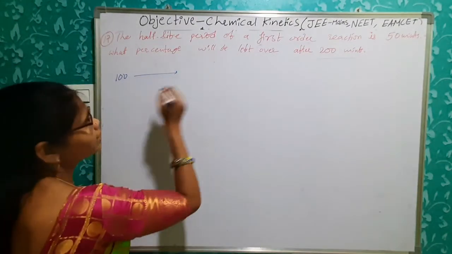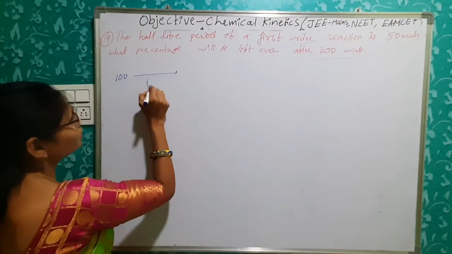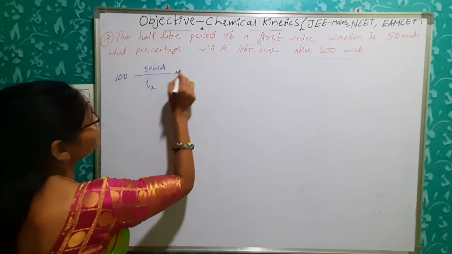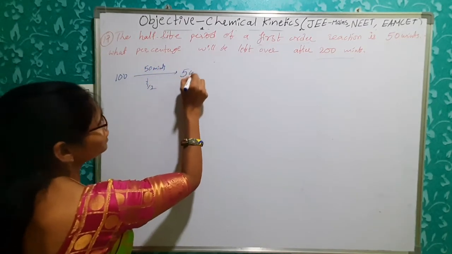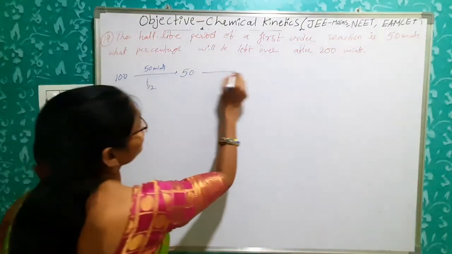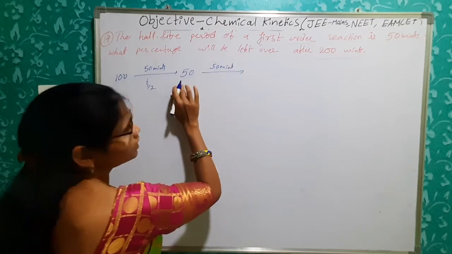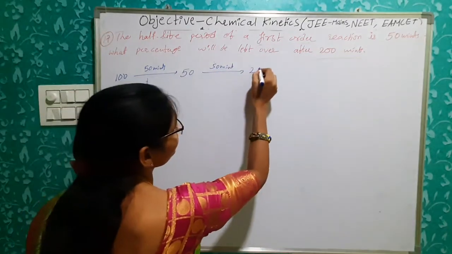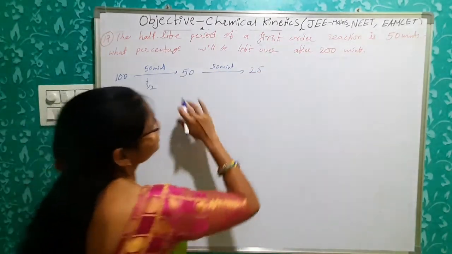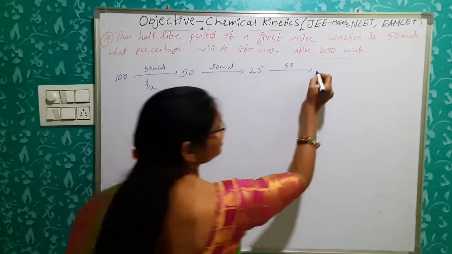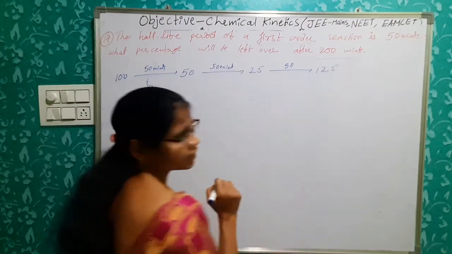T half is given, nothing but 50% reaction completed in 50 minutes, so 50 grams is remaining. Next, after another 50 minutes, 50% of that means 25 grams remaining.